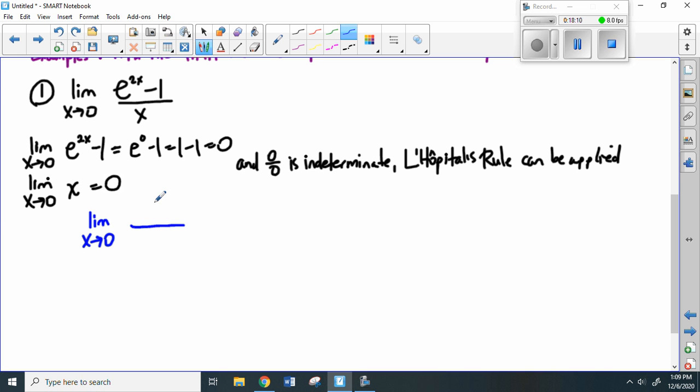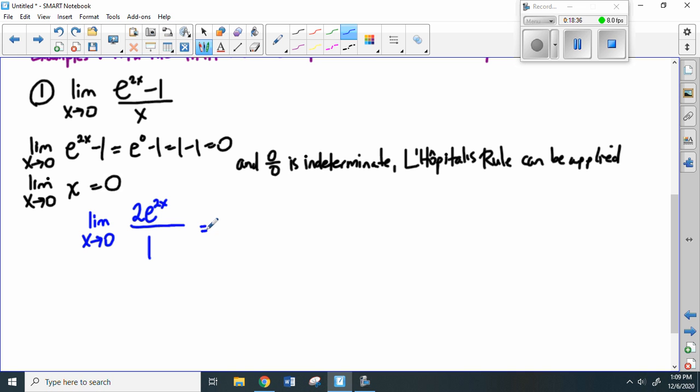When I take the derivative of an exponential function, I get the exponential function again, but then I need the chain rule, which means I multiply by the derivative of the exponent. The derivative of the minus 1 is 0, and the derivative of the bottom is 1. Notice I did not use the quotient rule.